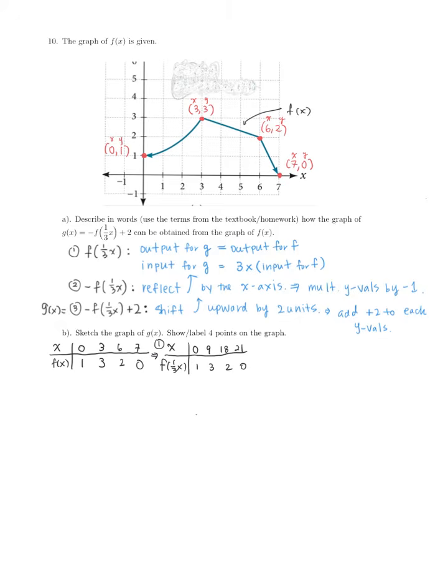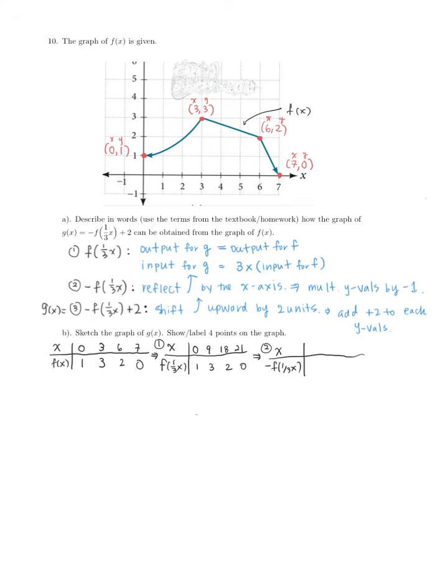Okay, now let's deal with step 2. Okay, so step 2 is what? Reflect the graph from step 1 over the x-axis. Okay, so let me just drop down x, and then here you're going to have negative f of 1/3 x. Oh my gosh.